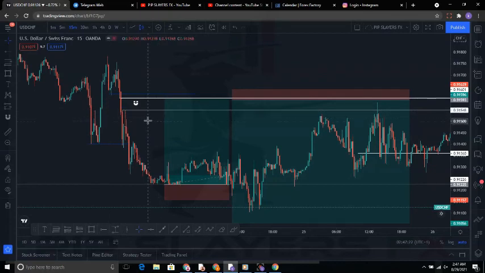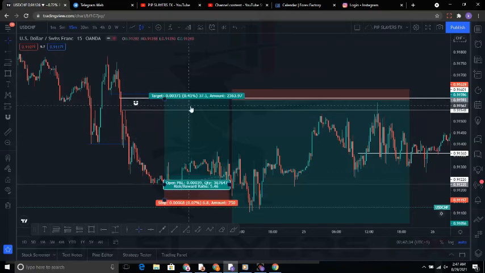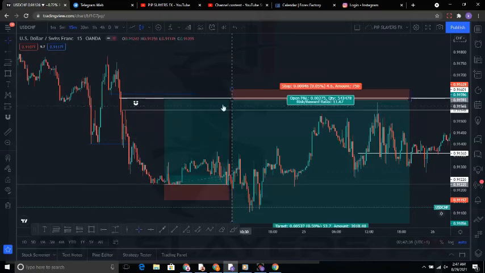We have the fair value gap, and basically it touched into this fair value gap to validate my entry. I placed the entry point at this point here, 0.91596.